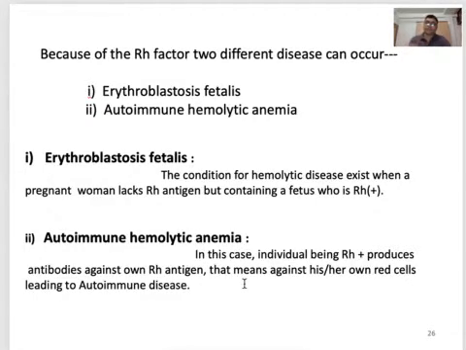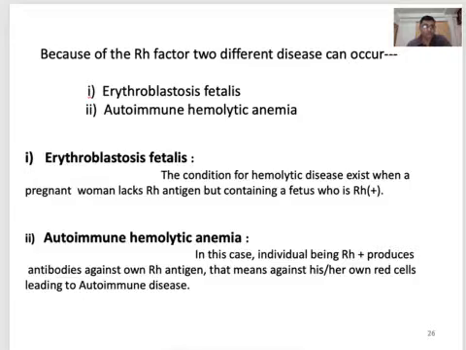Suppose an Rh positive person has the Rh antigen but doesn't have the Rh antibody. If somehow they develop the Rh antibody, then that antibody attacks their own Rh positive blood cells, and hemolysis occurs, which is called autoimmune hemolytic anemia.